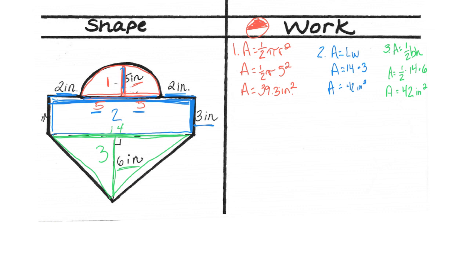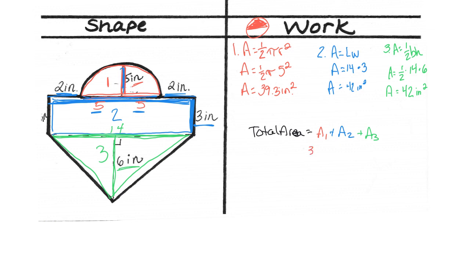Now, it wasn't enough just to find the 3 separate areas. Remember, it's the area of the entire shape. So we have to find our total area, which, remember, is your first area plus your second plus your third area.